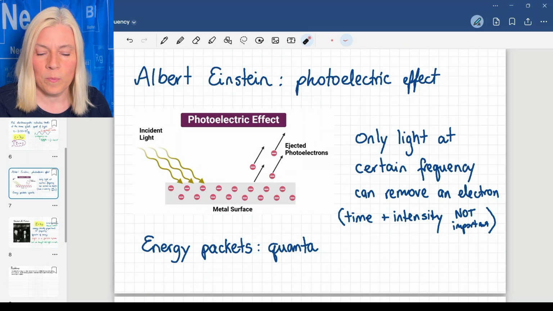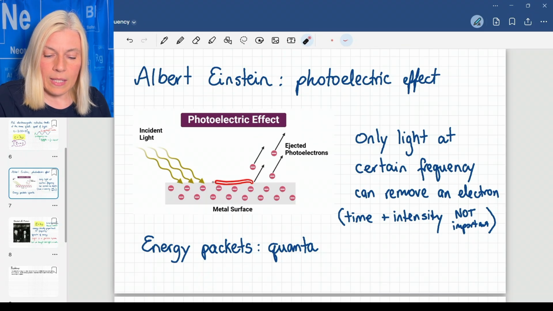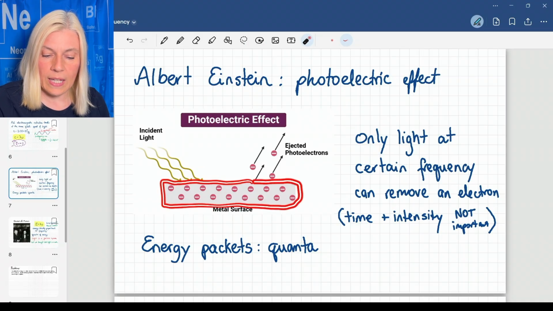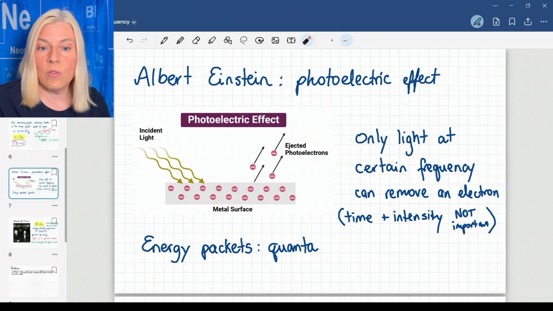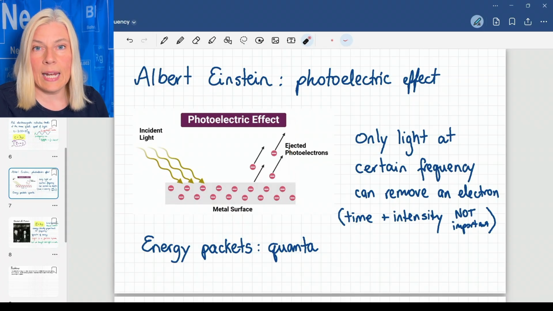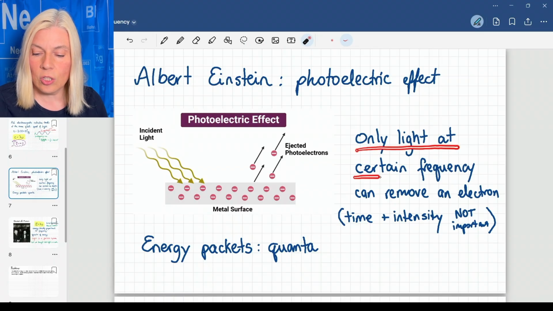What does he do? He had a piece of metal surface and shone light onto it, because he wants to remove electrons. Right here was a rod that sensed electrons when they were removed from the metal surface. He realizes that only light at a certain frequency can remove an electron.